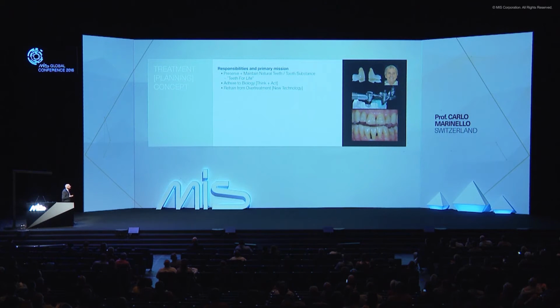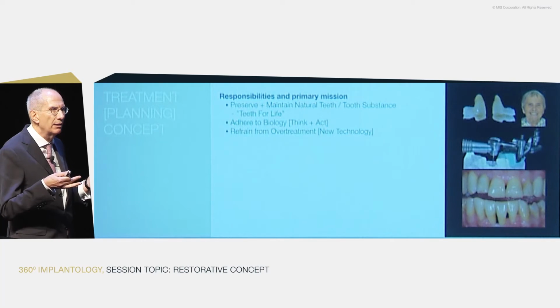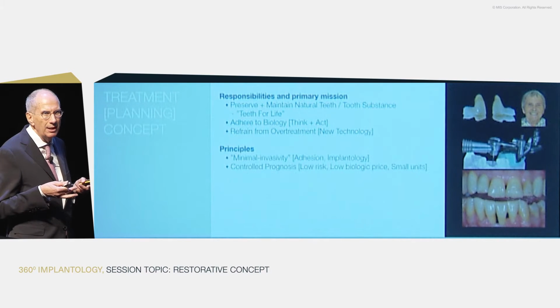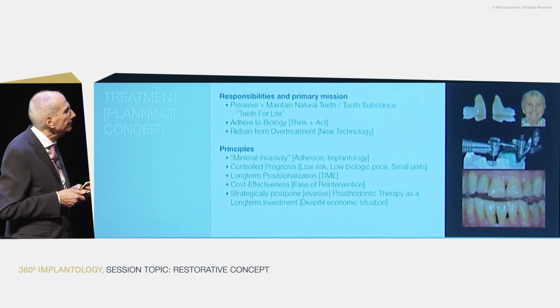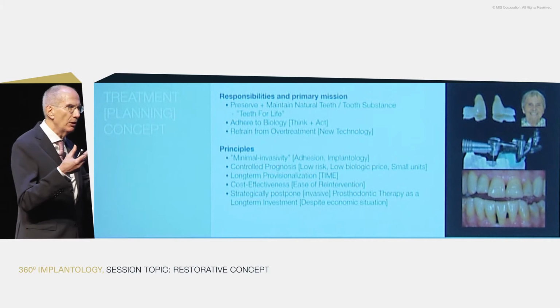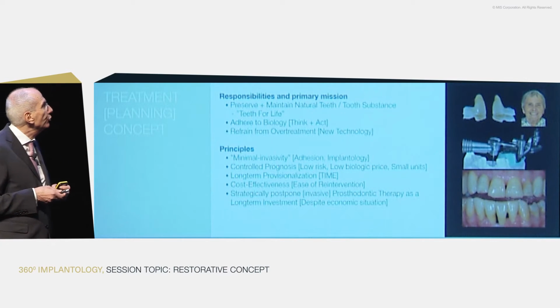The mission includes that we want to keep teeth for life as a base, that we want to adhere to biology, and that we want to refrain from over-treatment. This is especially true today because a lot of new technology is coming in, and there is a certain danger that we go for over-treatment.